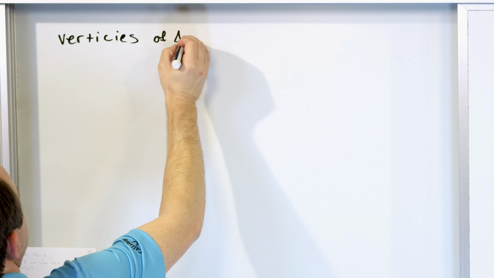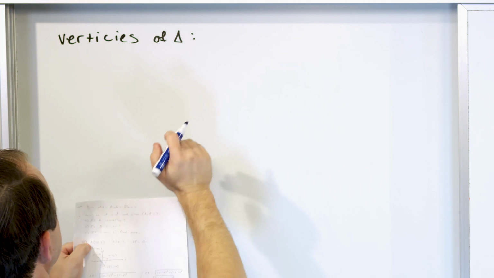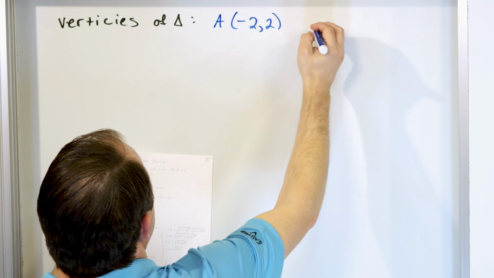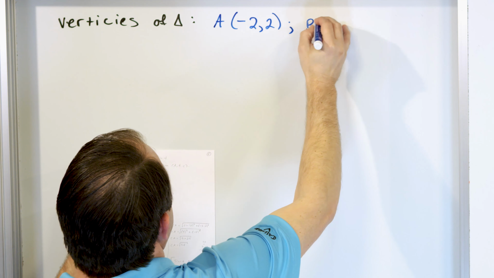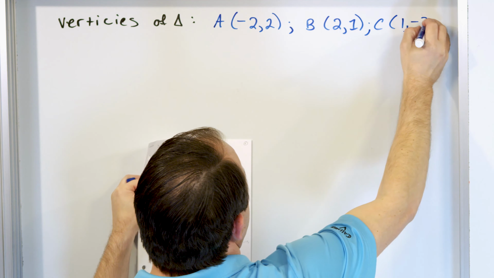So the vertices of the triangle are given as follows. These are just the corner points. They're just going to be points in the xy plane. So we say that point A has a coordinate of -2, 2. We say that point B is located at 2, 1. And we say that C is located at 1, -3.